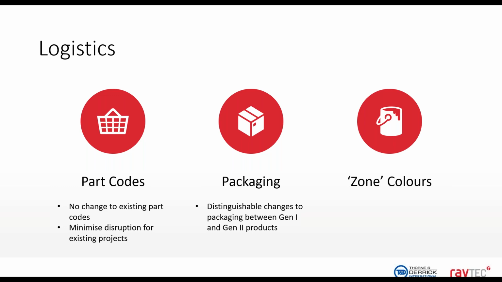And lastly, on colours. In the past at Raytec, we've always had different colours for Zone 1, Zone 2 and industrial products, but a change on the new Linear Gen 2 luminaires is that all Linear Gen 2 products will be painted the same colour, which is RAL 9006, effectively the same colour as our existing Zone 1 product.